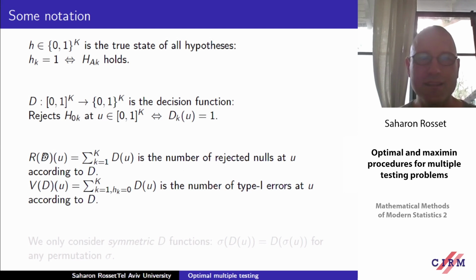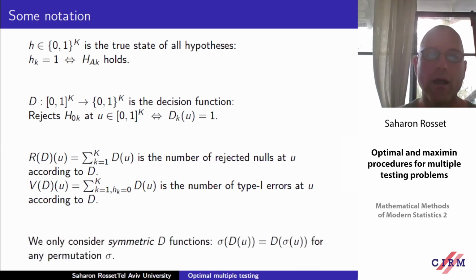And this D emphasizes that it actually depends on the policy we employ in making rejections. Because our problem is symmetric, we're only going to be considering a symmetric D function. So if we do a permutation on the p-values, we apply the same permutation to the decisions. And in fact, we can prove under some pretty mild conditions that every optimal policy would have this form. So it's really not an assumption.